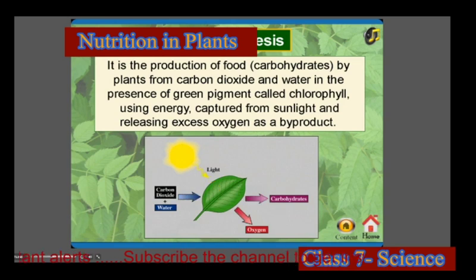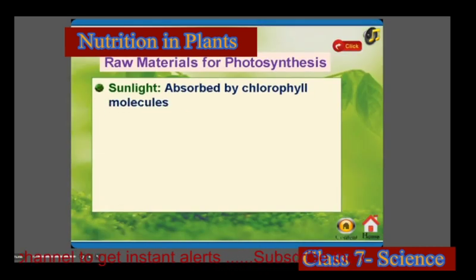Photosynthesis. It is the production of food, carbohydrates, by plants from carbon dioxide and water in the presence of green pigment called chlorophyll, using energy captured from sunlight, releasing excess oxygen as a byproduct. Raw material for photosynthesis.